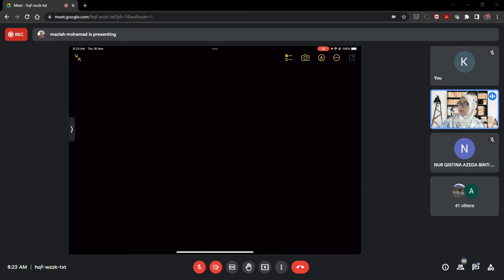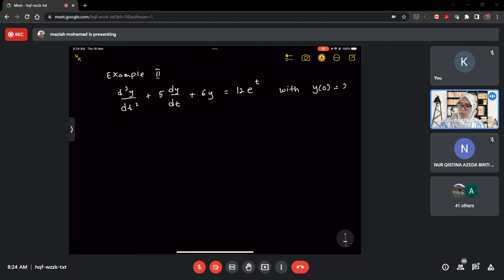Example 2 is d square y over dt square plus 5 dy over dt plus 6y equal to 12 exponent t, with y0 equal to 2 and y dot 0 equal to 1.